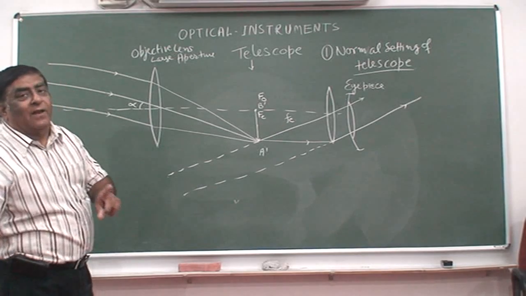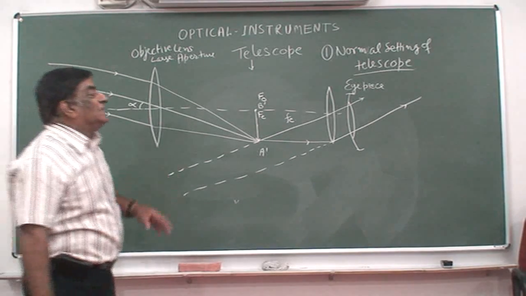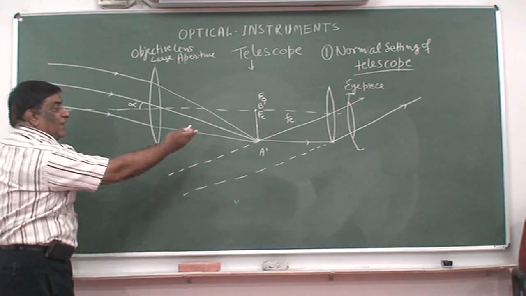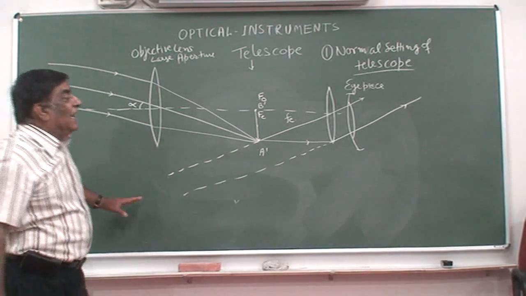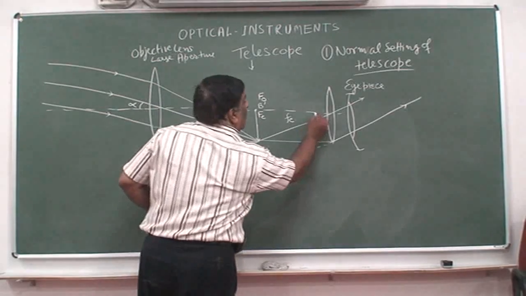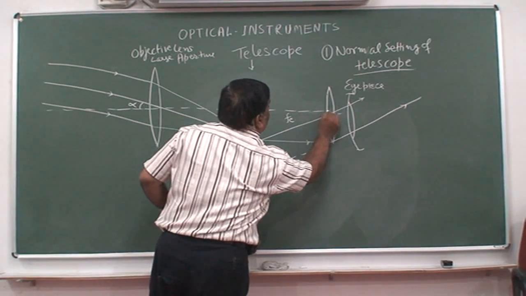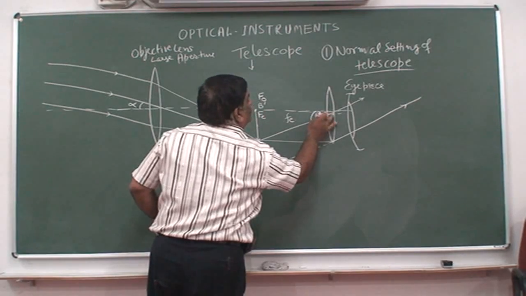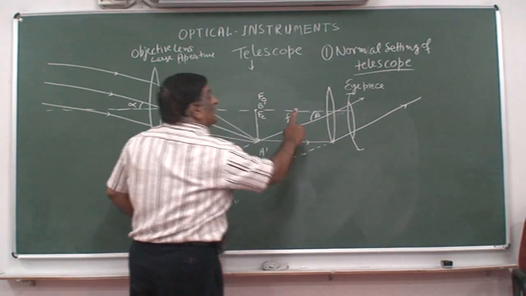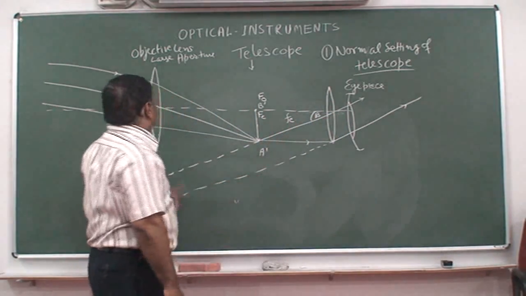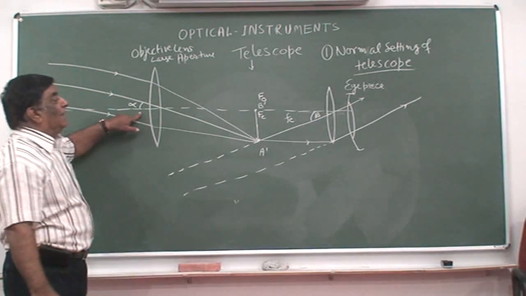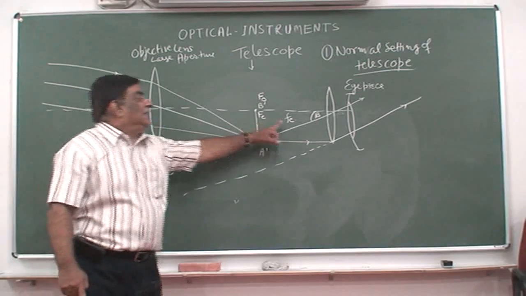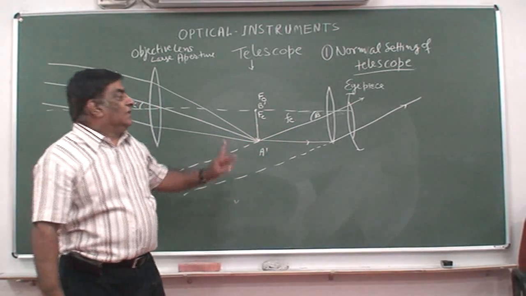Now where is the angle made by the image? Where do we see the image? We see the image somewhere here, at infinity. And what is the angle it makes on the eye? This is the angle it makes on the eye, this is beta. Now beta is the angle made by the image, alpha is the angle made by the object, and we find this alpha is small, beta is large.